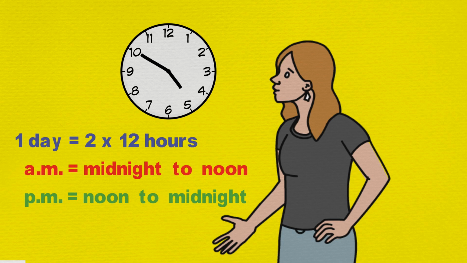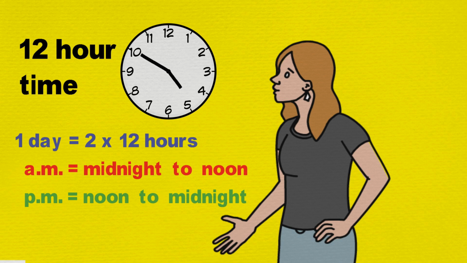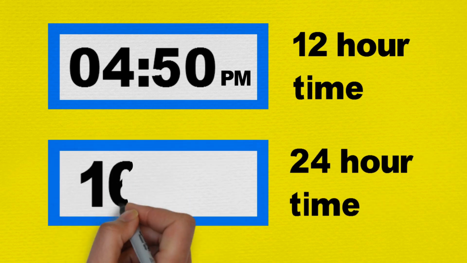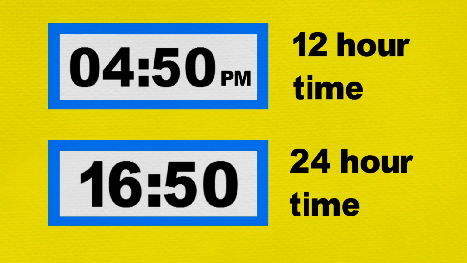This is called 12-hour time. Digital clocks can also be set to give 12-hour AM and PM time, but they can also be set to give what we call 24-hour time, which is what 16:50 is."